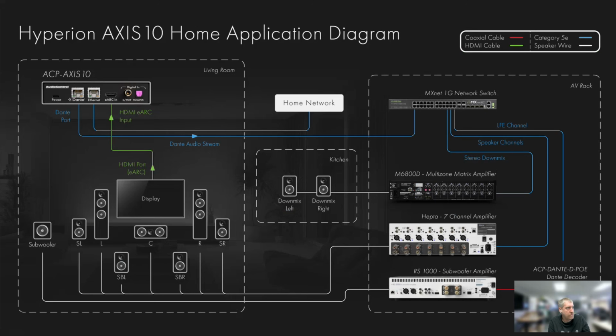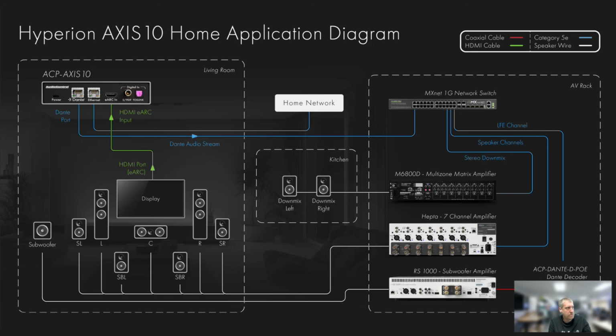And then the Axis 10 and the Axis 16 diagrams are basically the same, with just changing the number of channels and the Hyperion amps that are used, right? So again, you have your living room, you have your eARC display sending your 8 channels of audio over the Dante network.